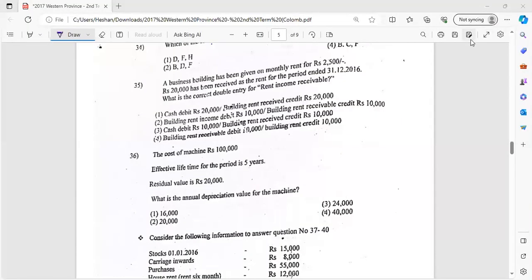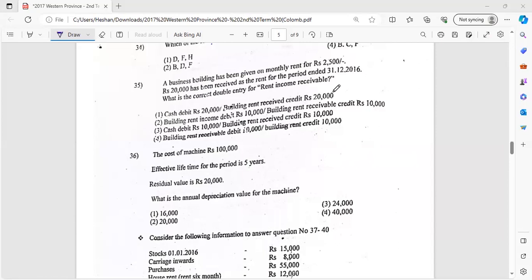Right. Question number 35. A business building has been given a monthly rent of rupees 2,500. 20,000 has been received as the rent for the period ended 31st December 2016.